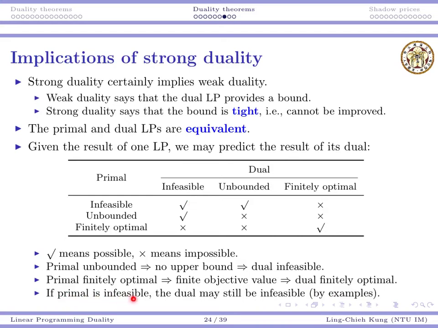If the primal is infeasible, that somewhat means there is no lower bound for the dual. And if the dual is also infeasible, that means there's no upper bound for the primal. And that's not conflicting anything, right? So these 4 combinations are the only possible combinations.